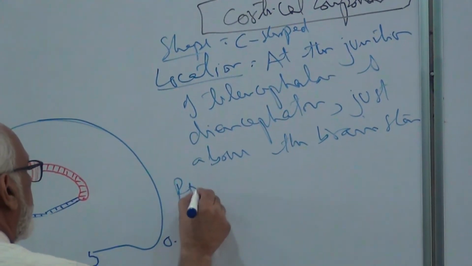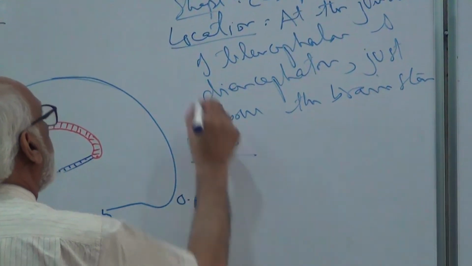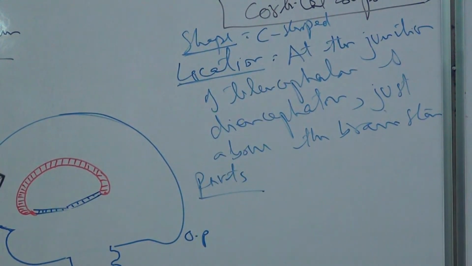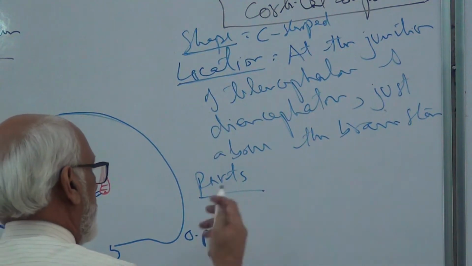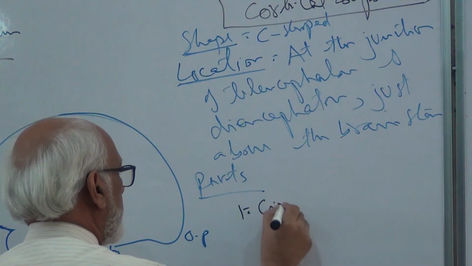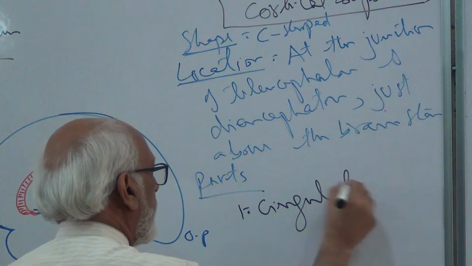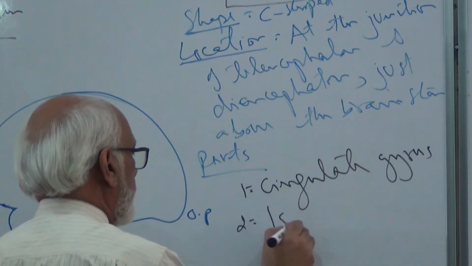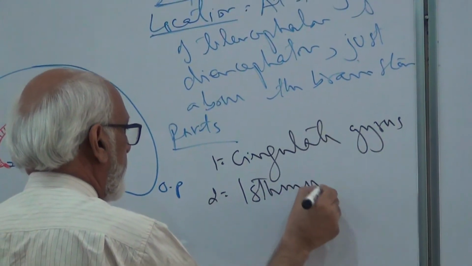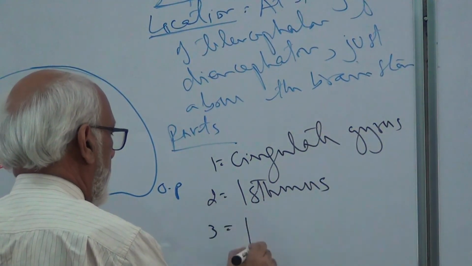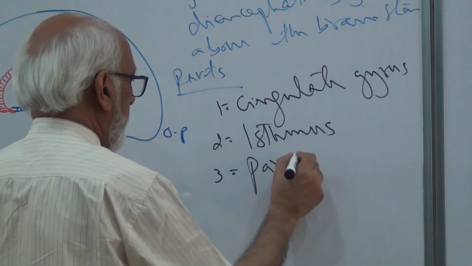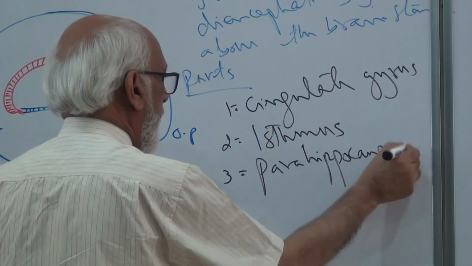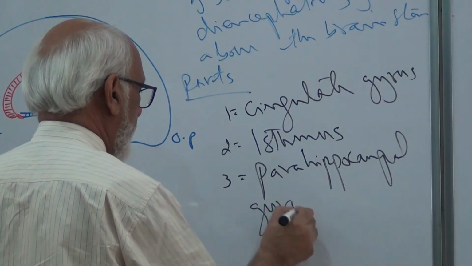And what are its different parts? These are number one, cingulate gyrus. Number two, isthmus. Number three, parahippocampal gyrus.